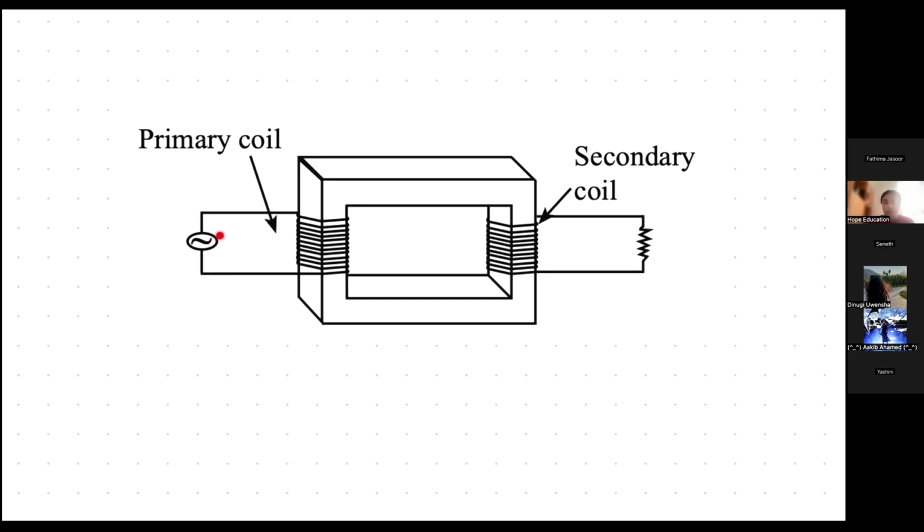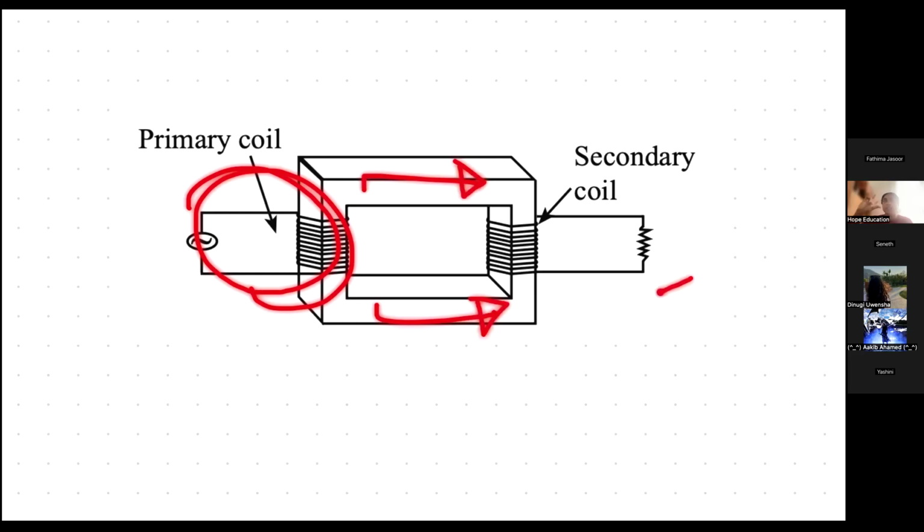I give an alternating current to circuit 1, and then a current is automatically generated in circuit 2. To see that, we connect a resistor. This resistor could be an instrument or a bulb, something like that. The current here creates a magnetic field. That magnetic field will travel through the soft iron and come to the secondary coil.